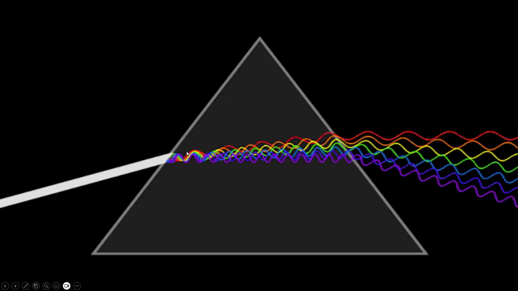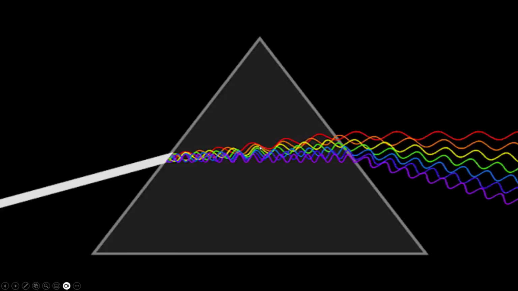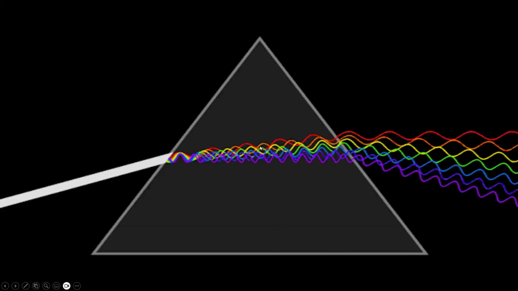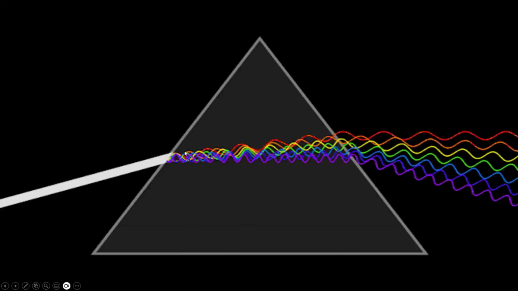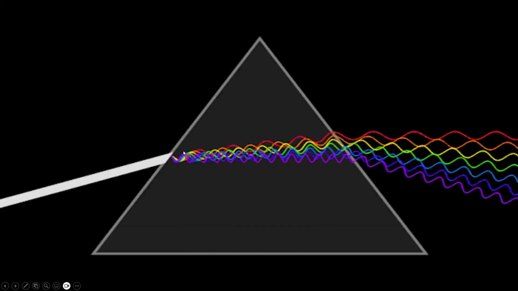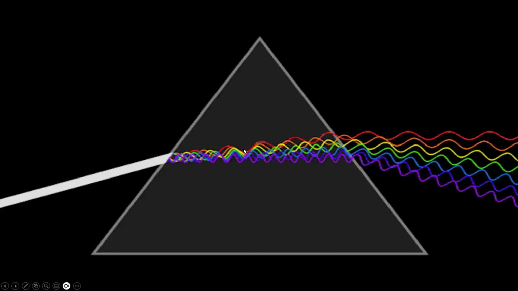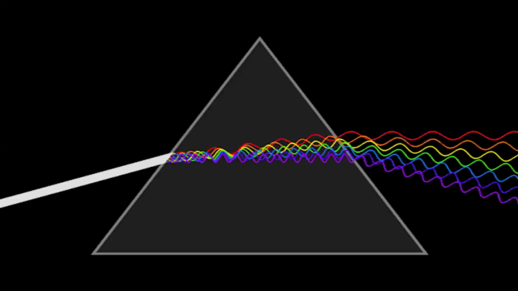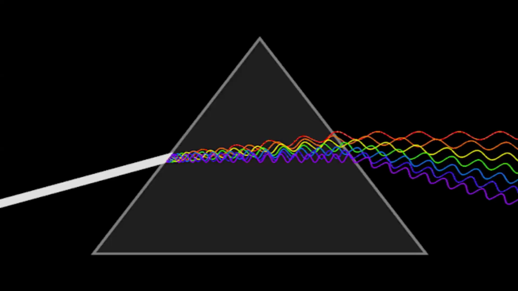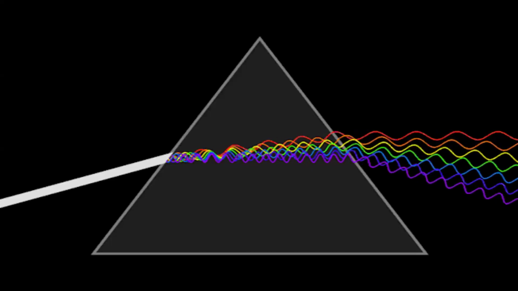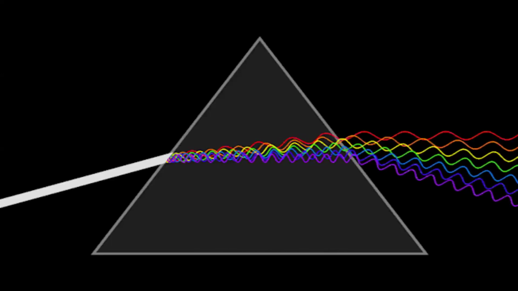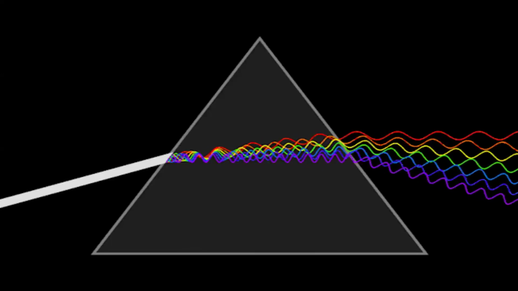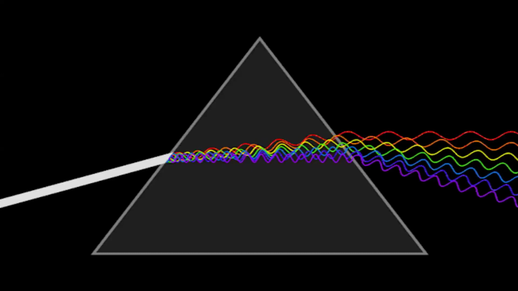They pretty much almost go as they are. They are affected a little bit, but not as much. So they are distorted less, which means they can probably travel further, which means they are not going to lose as much energy along the way as the purple ones. So that's one good thing to remember.